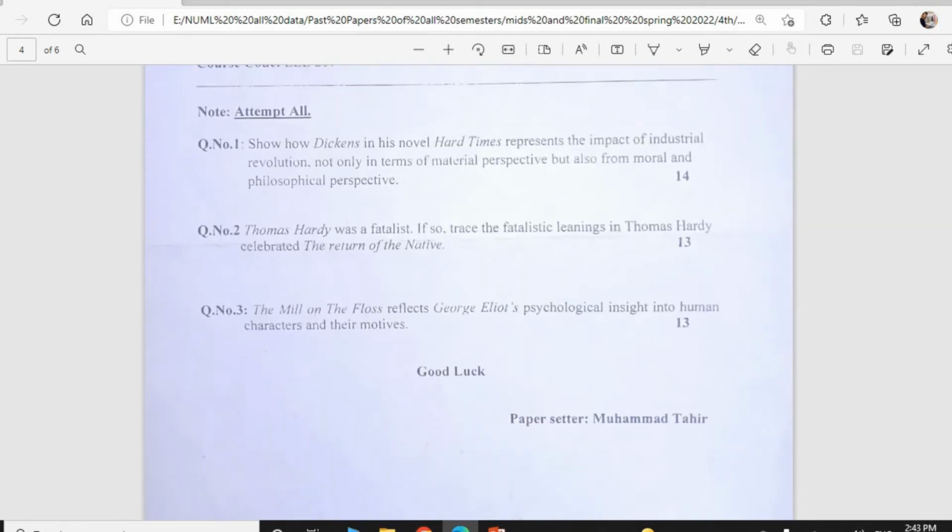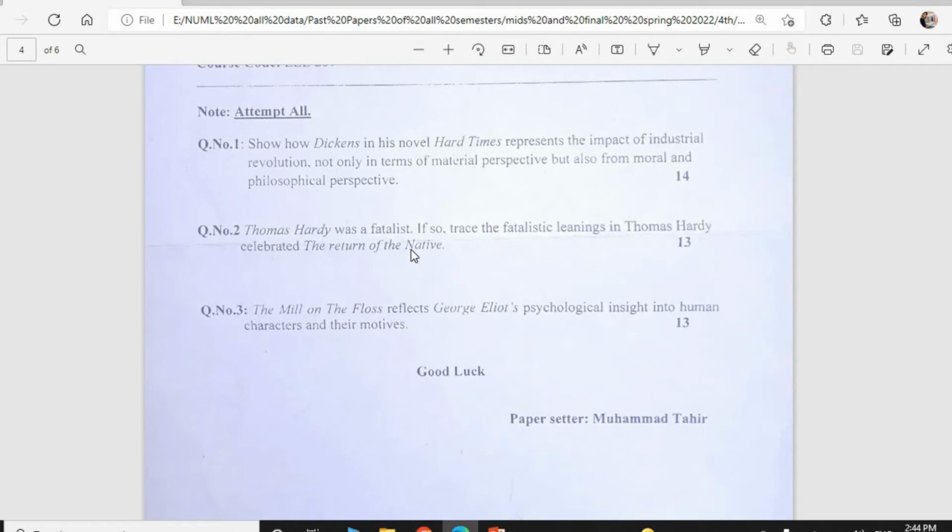Question number 2: Thomas Hardy is a fatalist. If so, trace the fatalistic leanings in Thomas Hardy's novel The Return of the Native. Obviously Thomas Hardy's fatalism, the role of fate, is very prominent in this novel.